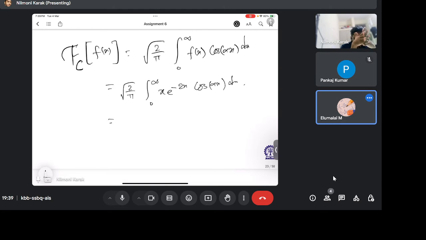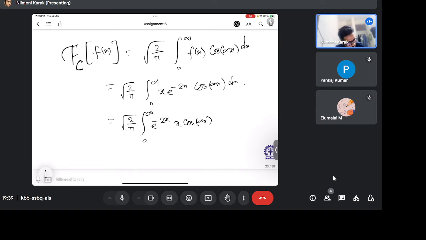Applying Laplace, yeah, right. So I wanted to know this only. By definition you will get the Laplace transform formula. So this is x cos alpha x dx, and this is nothing but the Laplace transform of x cos alpha x, but at s equals to 2. In the Laplace transform formula it is generally s, but here particularly you have to calculate at s equals to 2.